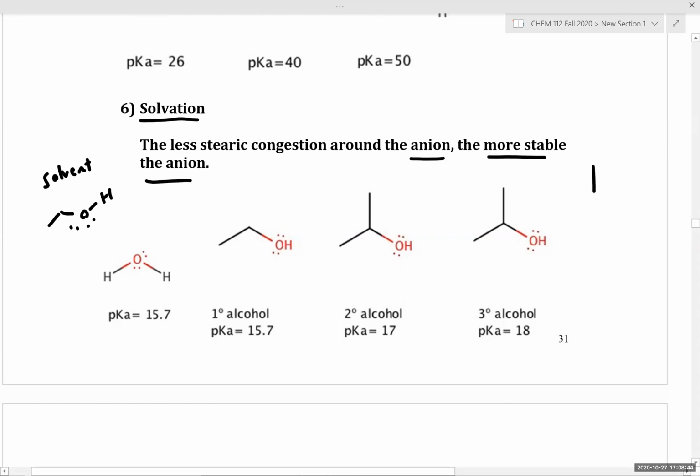The reason for that is that when you have a really bulky anion, this steric bulk limits solvent coordination. So as a result, we're less able to stabilize our anion.